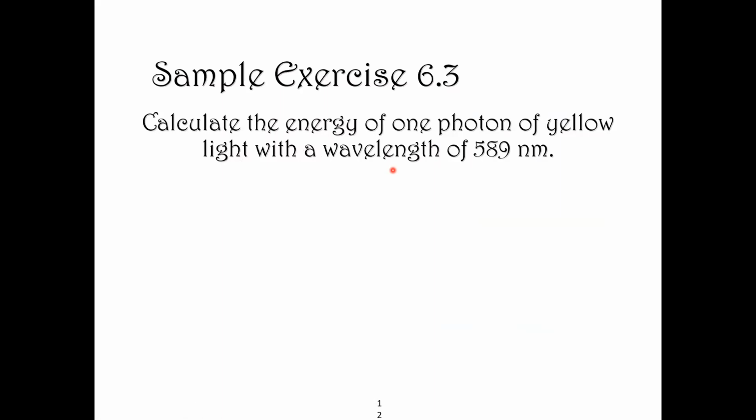Now, take a minute on your own to see if you can determine what the energy of one photon is. Again, that's going to be a quantum of radiation. That's just going to be referring to essentially the smallest beam of light we could possibly have. But if that photon was for yellow light, it might have a wavelength of 589 nanometers.